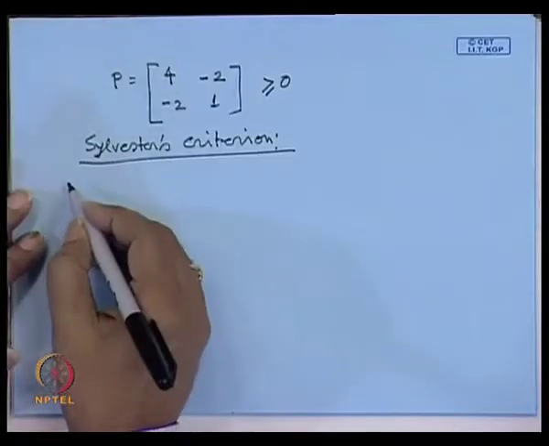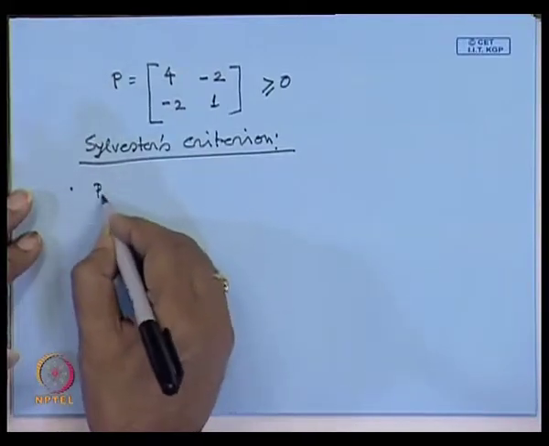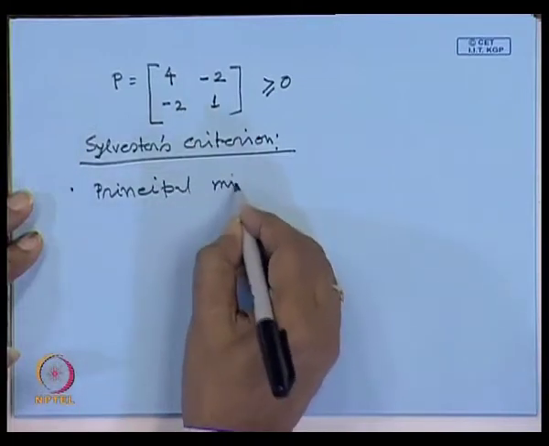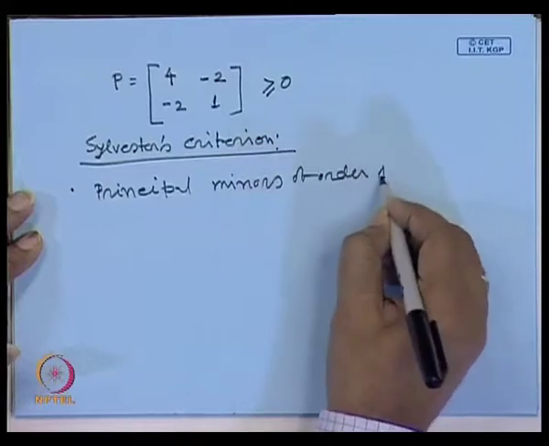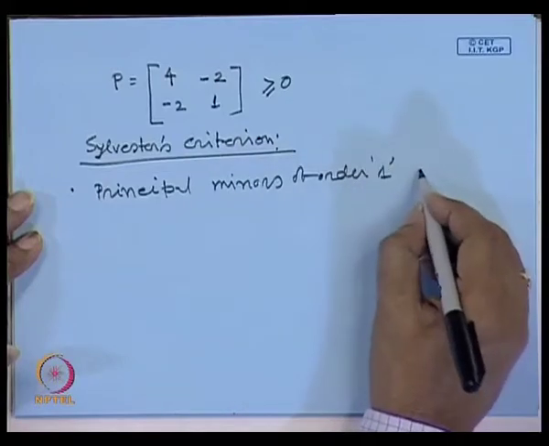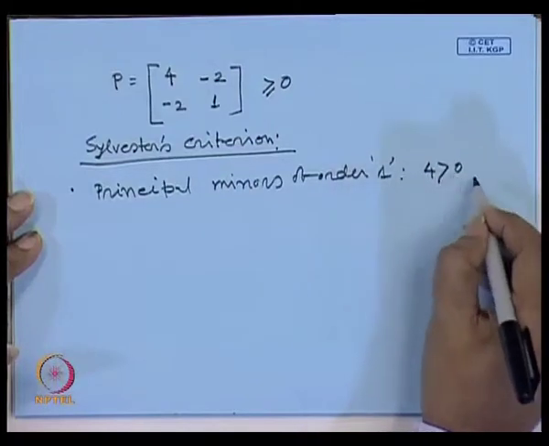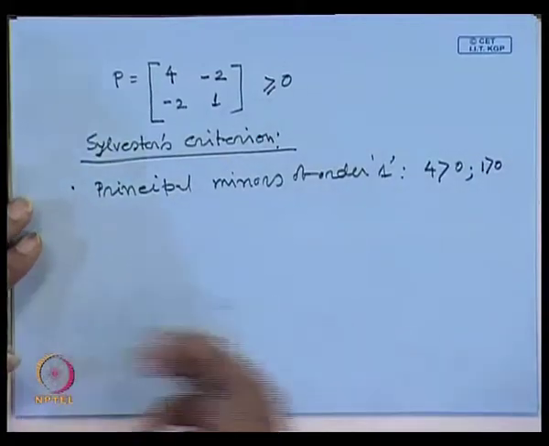So the test is satisfied, first checking that the principal minors of order 1 are 4, which is greater than 0, and 1, which is greater than 0. Next I have to go for order 2.